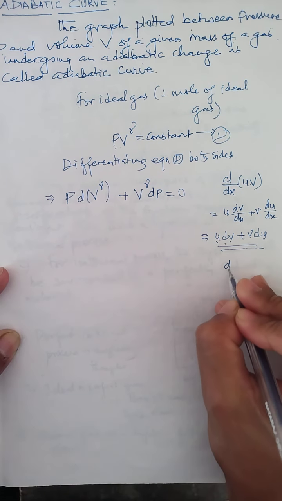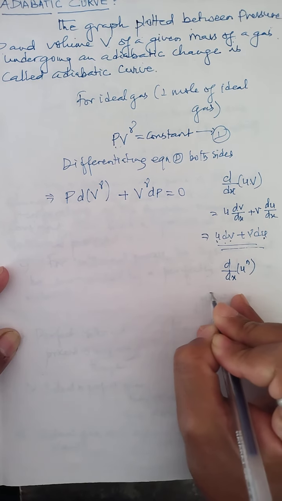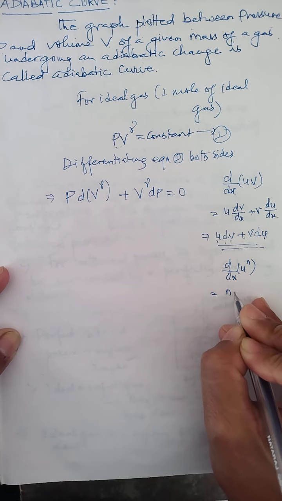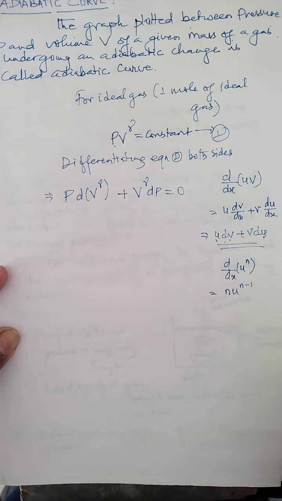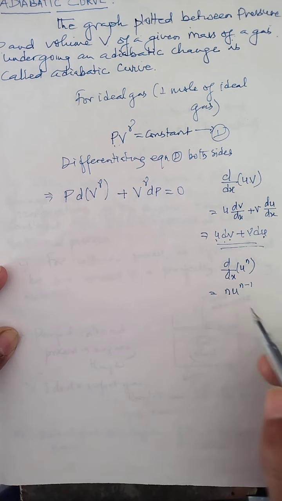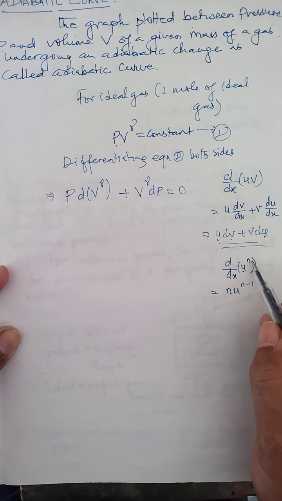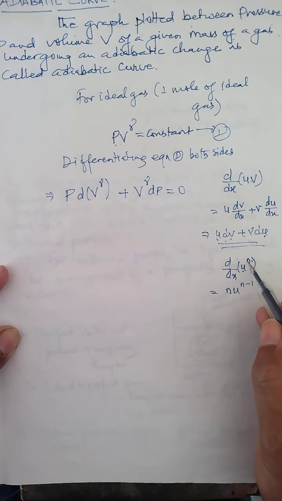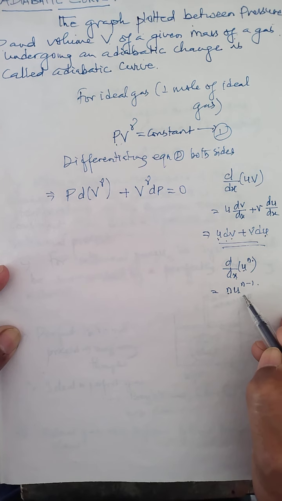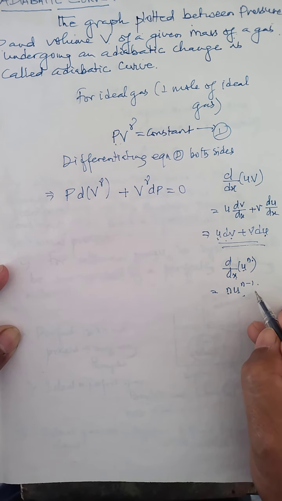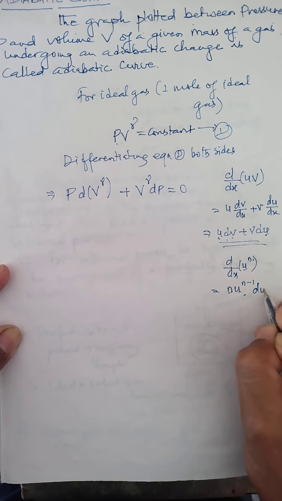But the second variable has a power. So in this case there is a formula: d by dx of U to the power n is simply given by n U to the power n minus 1. I am writing this for calculus, and you learn it in detail in mathematics also. Suppose you are differentiating U as a function with power n with respect to x, then this n will come in front of U to the power n minus 1. When you differentiate with respect to U, it will be dU also.